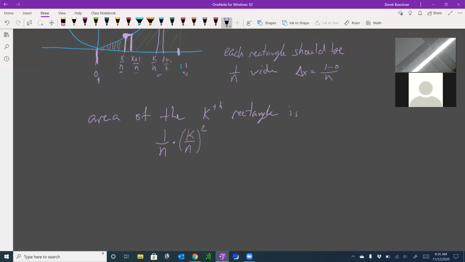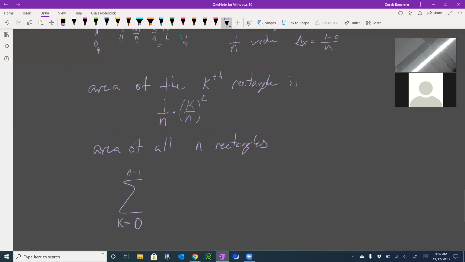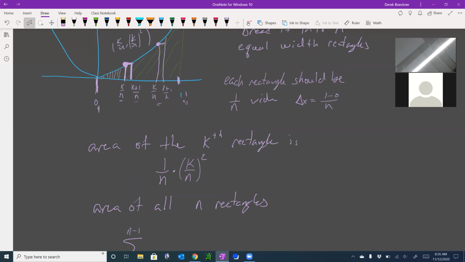So the area of all n rectangles is going to be the sum from k equals 1, the first rectangle, to the nth rectangle. Sorry, I want to start at k equals 0 and go to the n minus first rectangle. Why do I want to start at 0?